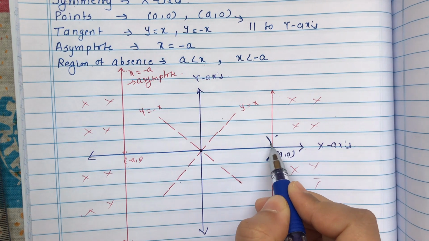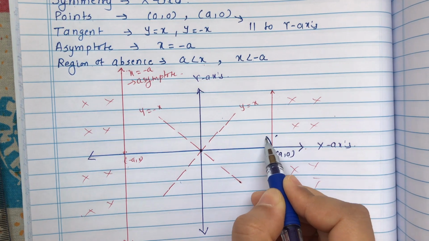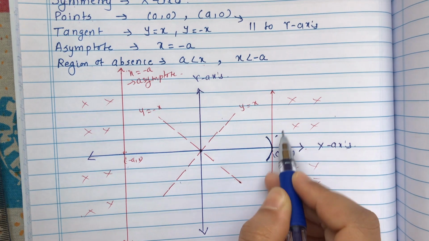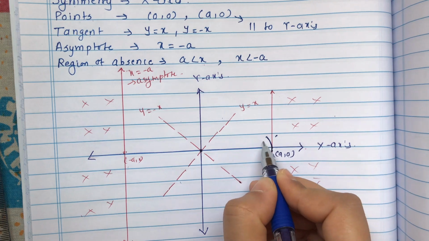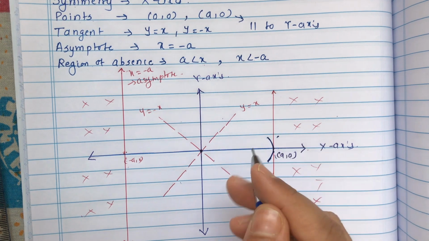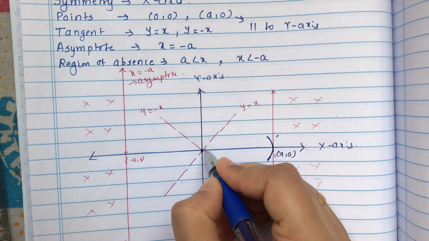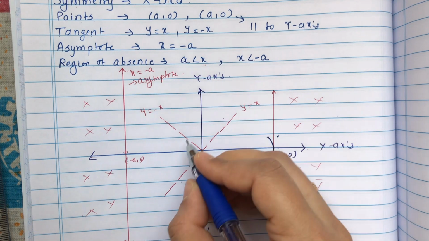See here, there will be two possibilities, either like this or exactly similar to this, but this is a region of absence, so we will continue with this one. Next, this is the origin, and for the origin y is equal to x is a tangent.